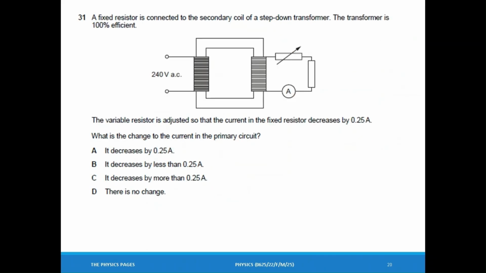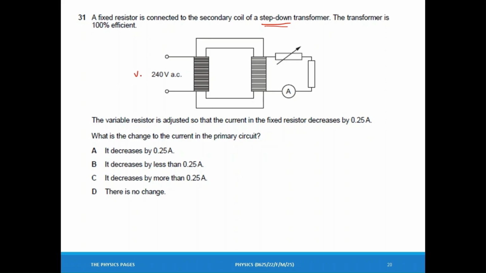Moving to question number 31, there is a fixed resistor connected to the secondary coil of a step-down transformer. A step-down transformer is a transformer in which output voltage is less than input voltage, or secondary voltage is less than primary voltage.